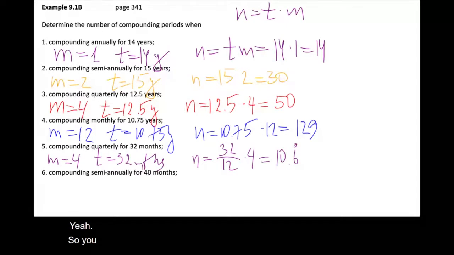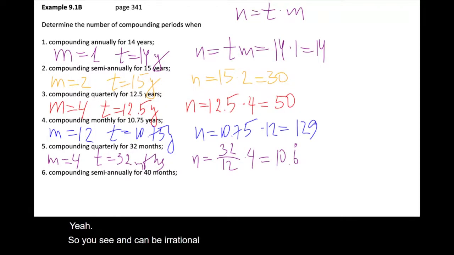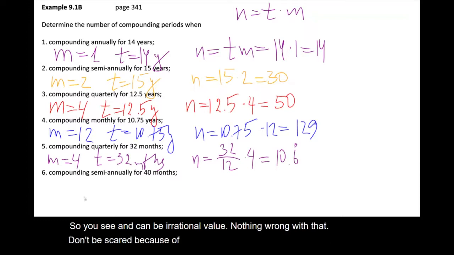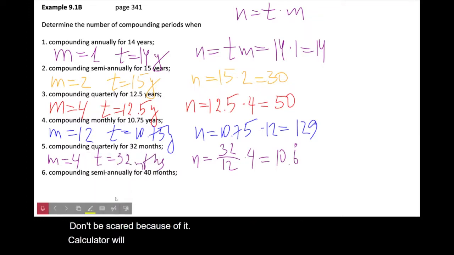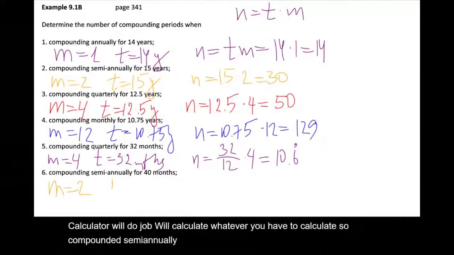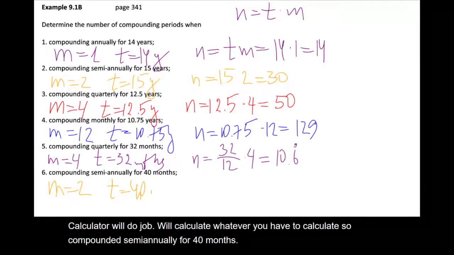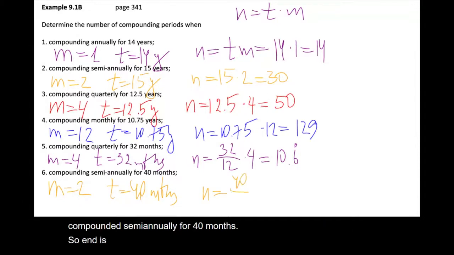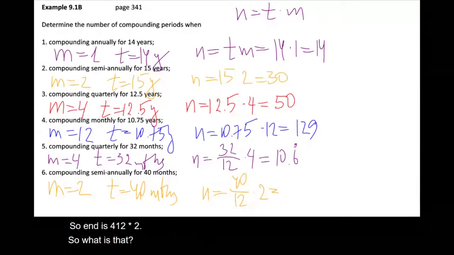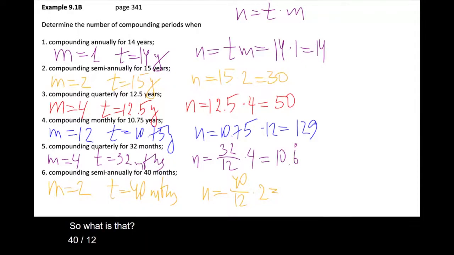You see, N can be a non-integer value, nothing wrong with that. Don't be scared because of it. The calculator will do the job. So compounded semi-annually for 40 months. So N is 40 over 12 times 2. I have 6.67 periods.